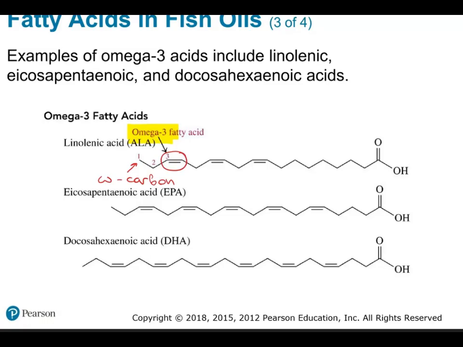So remember how we talked about the melting points of fatty acids, remember? Let me scroll back. So remember how saturated fatty acids form these nice stacks of molecules, and therefore are solid at room temperature.